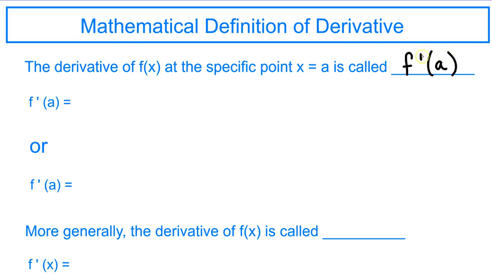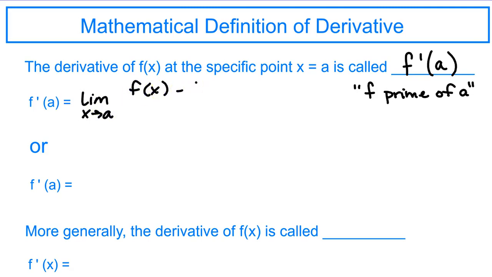You put a little tick mark or a prime sign between the f and the a, so what we say is f prime of a. And we've already learned that f prime of a is equal to the limit as x approaches a of f of x minus f of a over x minus a.